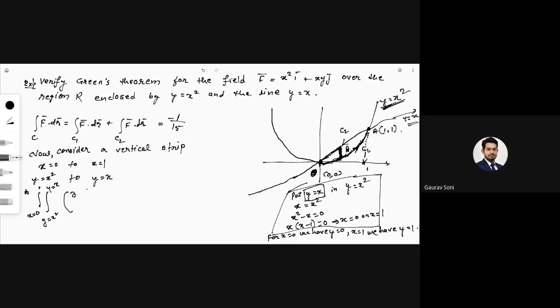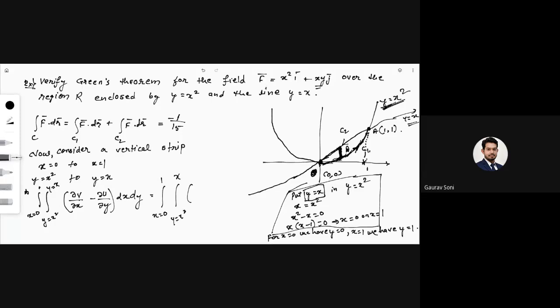Partial derivative of v with respect to x minus partial derivative of u with respect to y dx dy. What was v in that case? v मतलब जो j के साथ में है. So that is x is running from 0 to 1. y is running from x square to x.